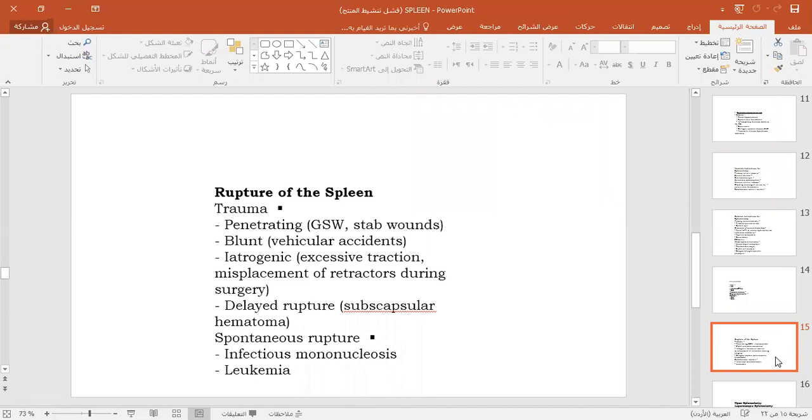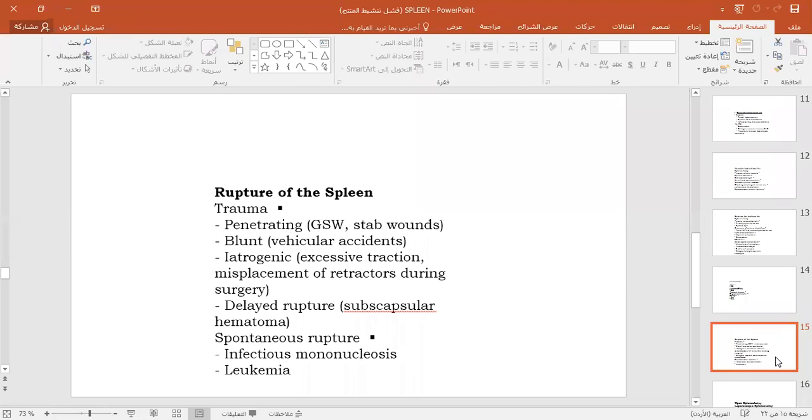Primary survey ABCD: airway, breathing, circulation, positions of the patient, and then secondary survey, or examination of the patient as a whole, thorough clinical examination, detailed abdominal examination, then investigate the patient.